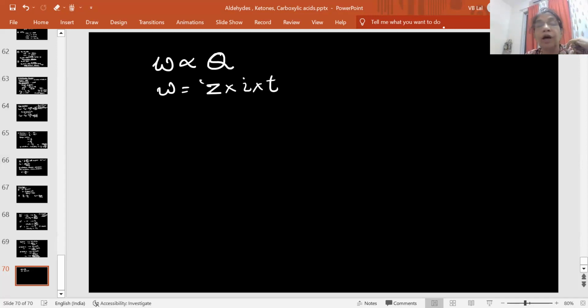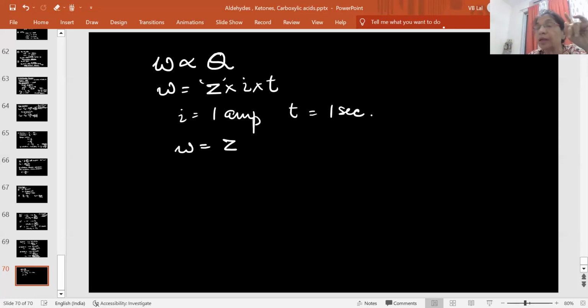So I want to find the value of Z. What is Z? If I is 1 ampere and T is 1 second, then what will W be equal to? W will be equal to Z. And what will be the definition of Z?